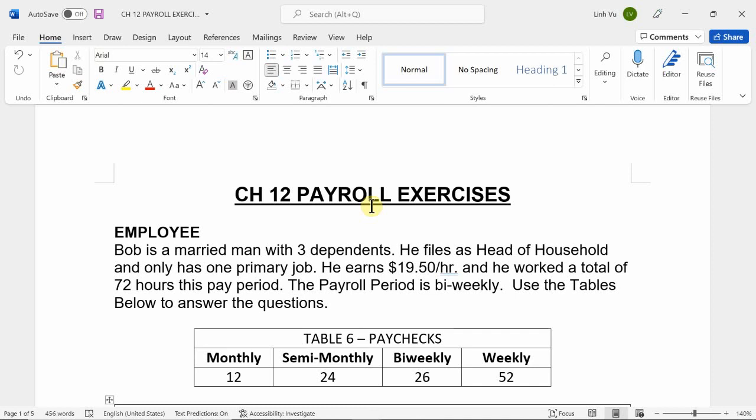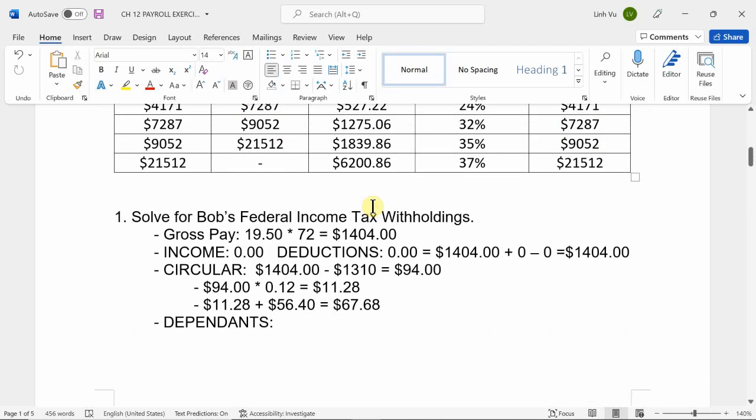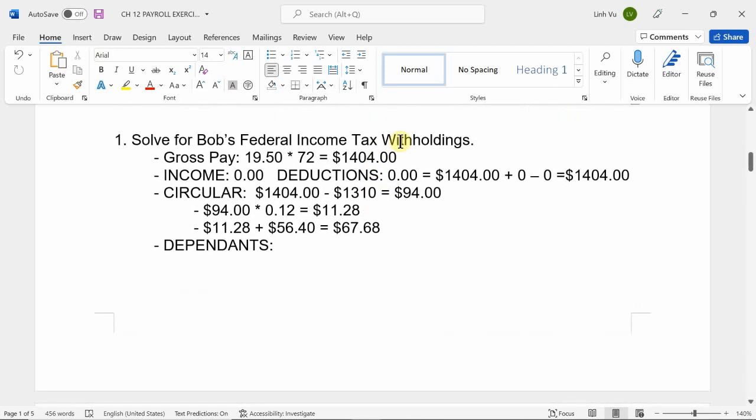So in this case, he's going to claim all 3 of them. That means on his W-4 form, if each child is $2,000, and he's claiming all 3 of them, that's a total of $6,000, right?